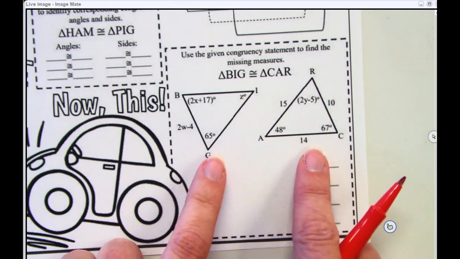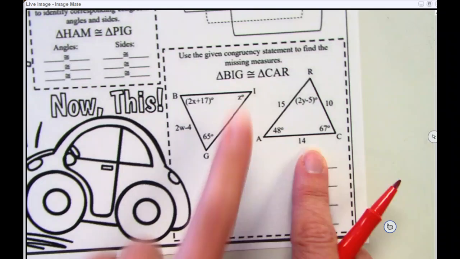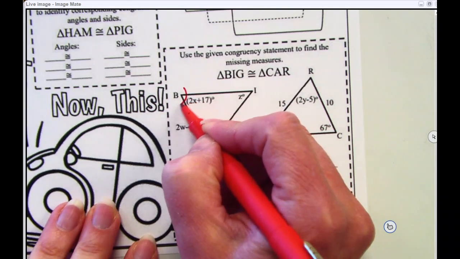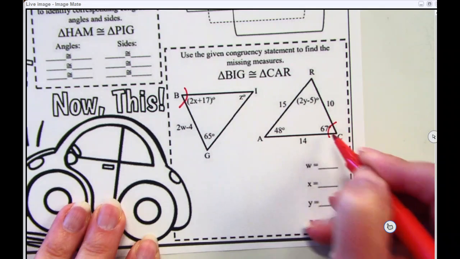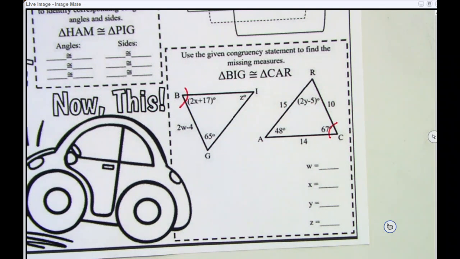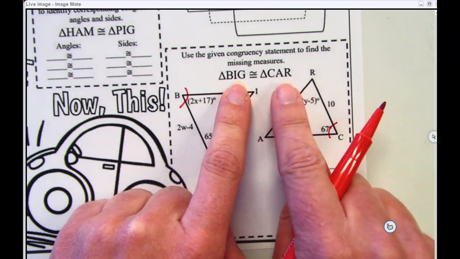Because my mind has a hard time sometimes seeing what goes with what, this is when I take a second and I'm going to say angle B is congruent to angle C. Angle I is congruent to what?